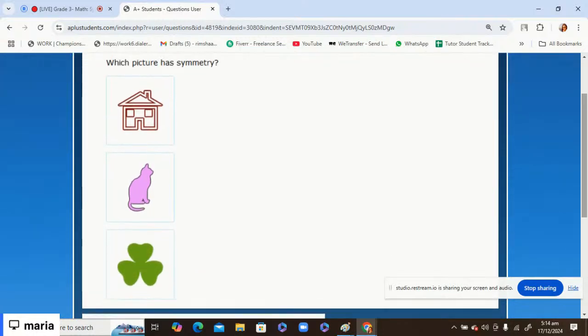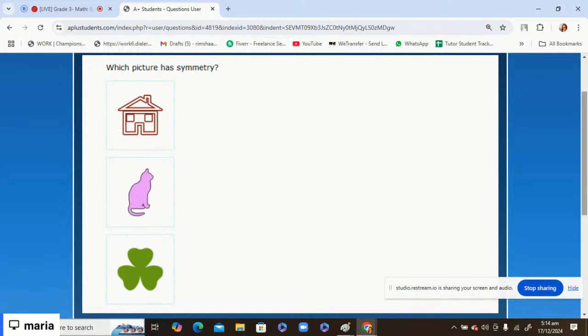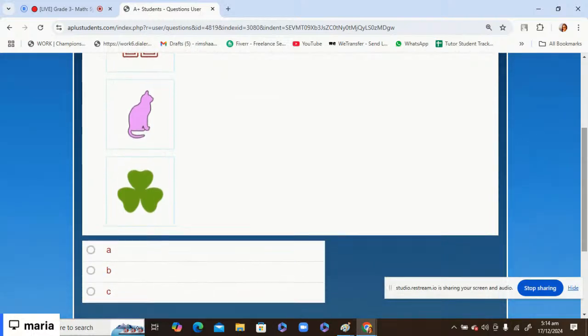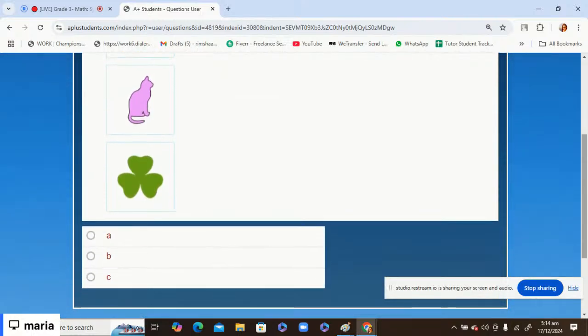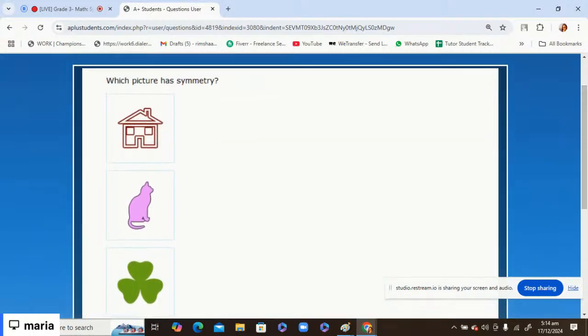Which picture has a symmetry? Now check it out here. This is the house, then cat, and then it's a leaf. So which picture has a symmetry? Check it out, all three, and then tell me.